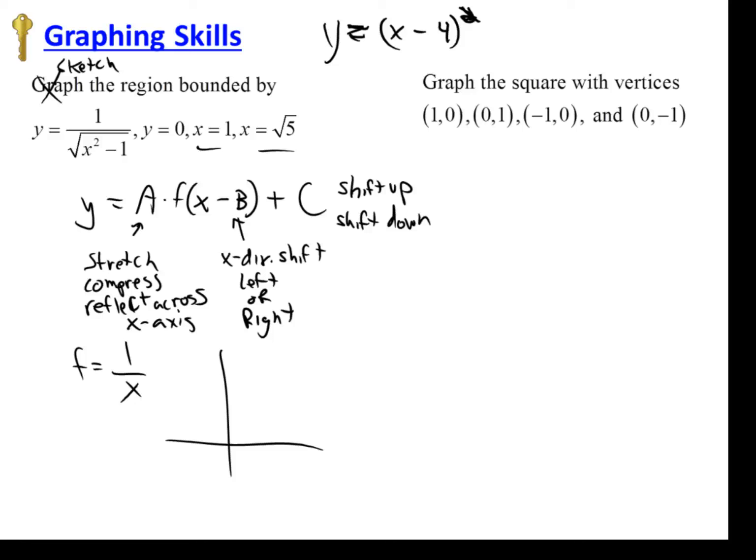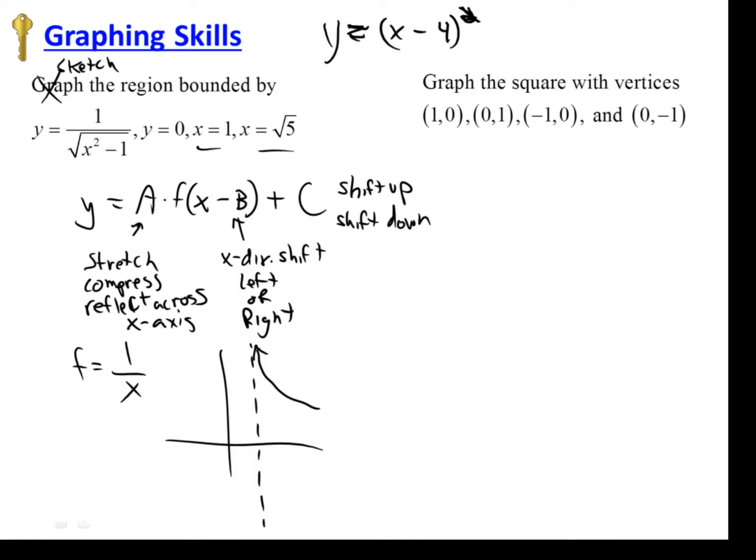What x can we not evaluate at for this one? 1. If x is 1, why is that bad? It'll be division by 0. When you have division by 0, what you have is a vertical asymptote. As you approach 1, we only care about approaching 1 from the right-hand side. It's going to go off to infinity. Great. So just draw something that does that.